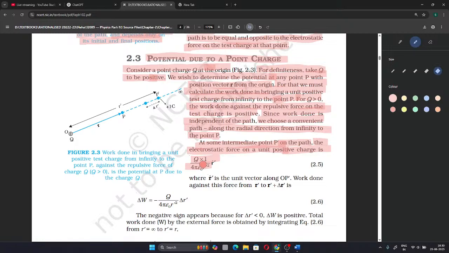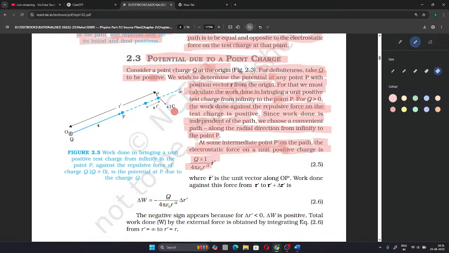At some intermediate point P' on the path, the electrostatic force on a unit positive charge is Q times 1 by 4 pi epsilon naught R' square, where 1 is the unit positive test charge, and the vector is R' vector.